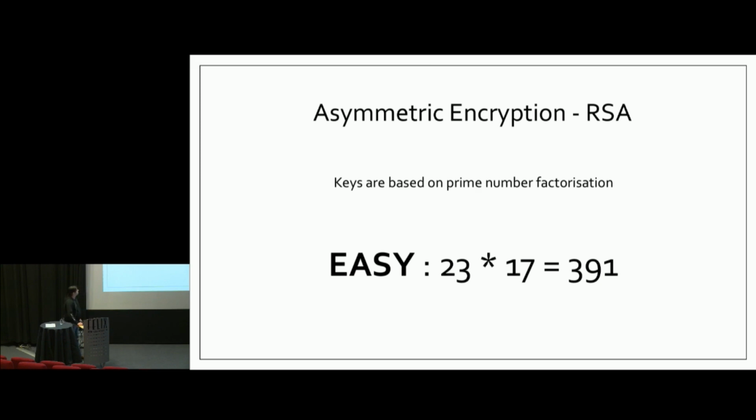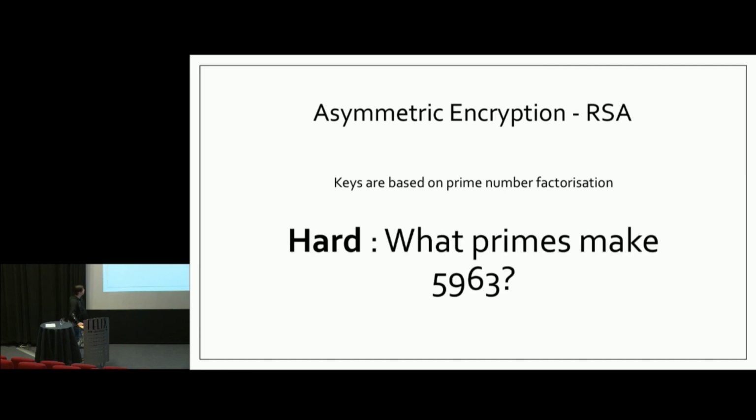Okay, if we look at what makes up the key, I was talking about multiplications of primes. If I was to say to you, what is 23 times 17, those are two prime numbers, then the answer is 391. You can work that out very easily, either in your head or on a calculator. But if I was to say what prime numbers do you need to multiply together to make 5,963?